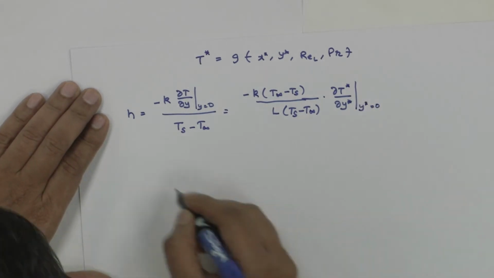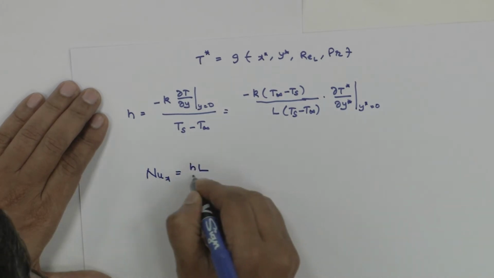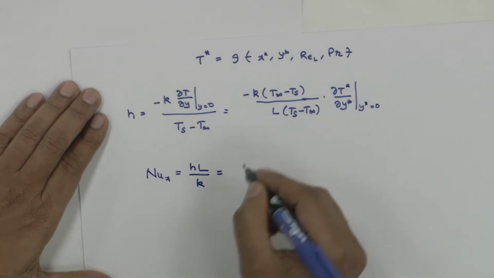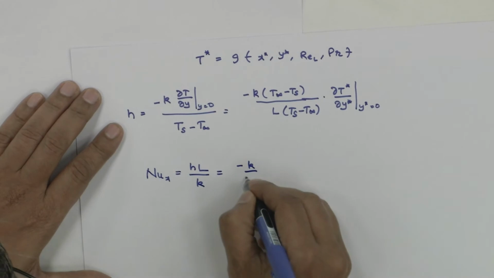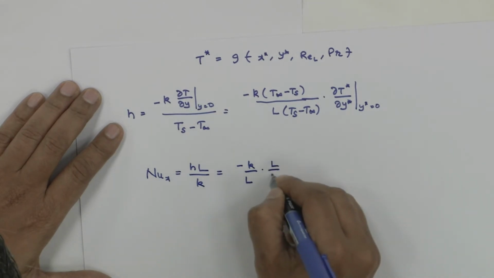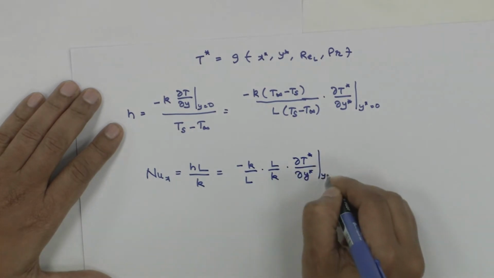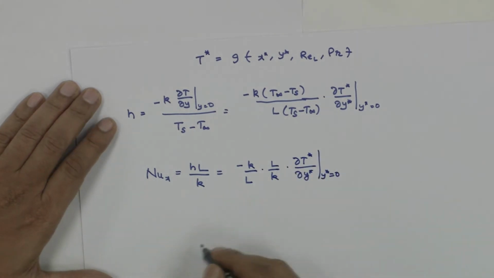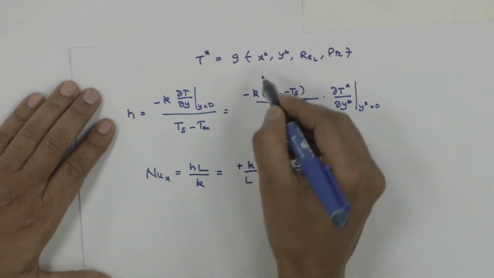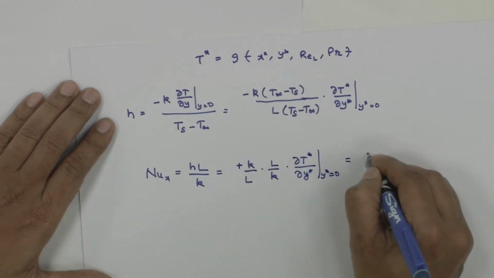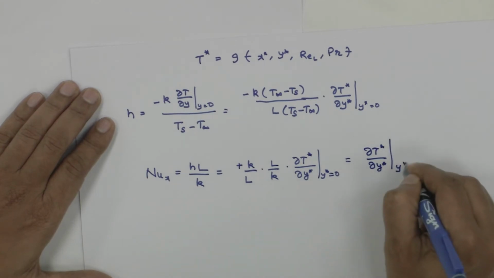Now I can write Nux equal to HL by K. If I substitute this H here, minus K by T infinity minus Ts, minus K by L into L by K, into del T star by del Y star at Y star equal to 0. This minus has vanished because of Ts minus T infinity. So, you have del T star by del Y star at Y star equal to 0.